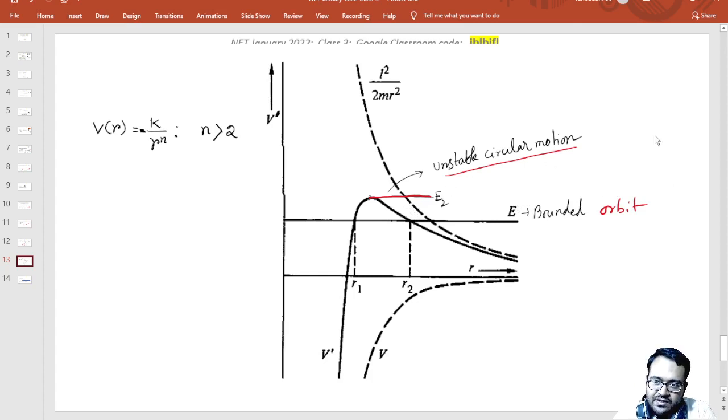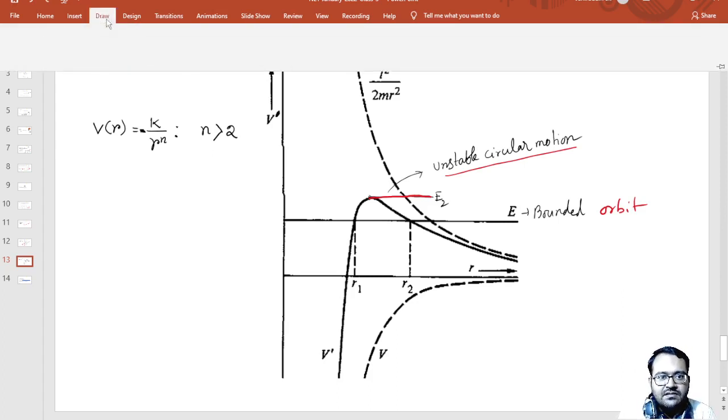But if a particle comes with energy greater than the effective potential maximum, then it can overcome the potential barrier and go across to this region. So if a particle is coming like this, we'll discuss it in problems. We have this problem, so we'll just write a comment there.